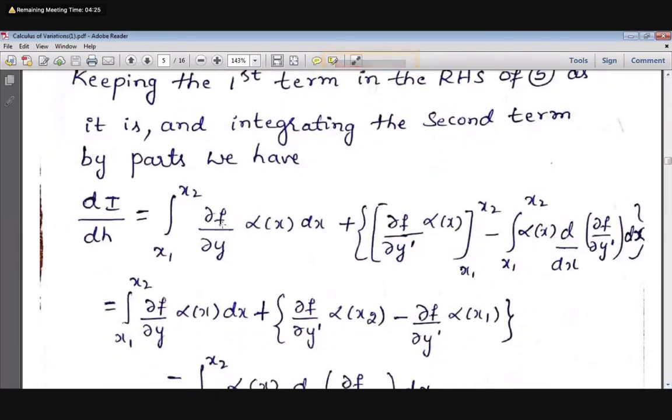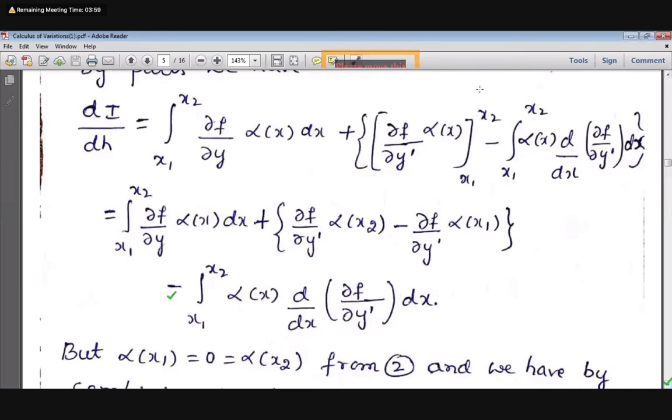Next, substitute the limits. First one as it is. In this, substitute the upper limit: ∂f/∂y' alpha of x2 minus ∂f/∂y' alpha of x1, minus this as it is. Now I have told you the curves originate at the same point and end at the same point, therefore alpha of x1 and alpha of x2 are 0.